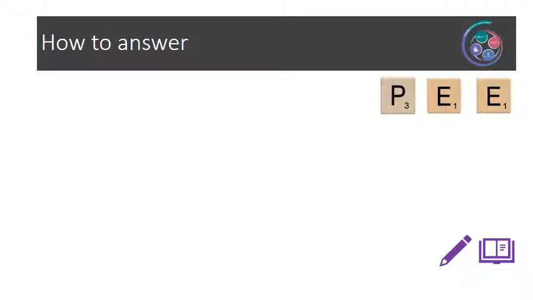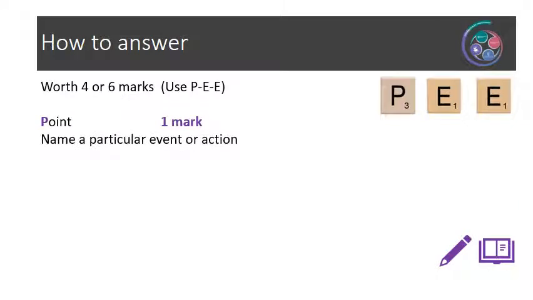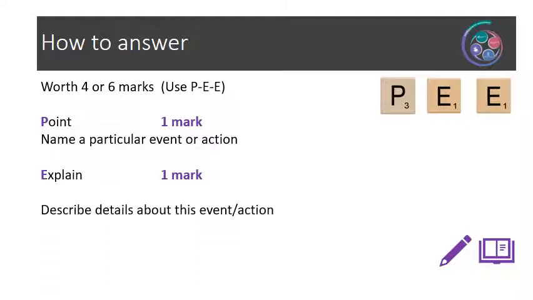So what structure do we use and how do we answer describe questions in National 5 Modern Studies? Well, we use what is known as the P process. So for describe questions, a reminder, they're worth 4 or 6 marks. So we want to P, point, name a particular event or action for 1 mark.